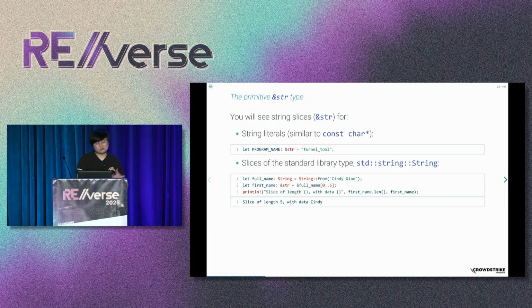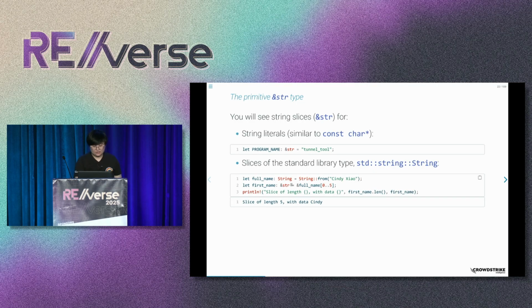So where will we see string slices? There are 2 places that are quite common. First is string literals. This is similar to your static const char pointers in your C programs, where the string is just embedded somewhere inside the binary.